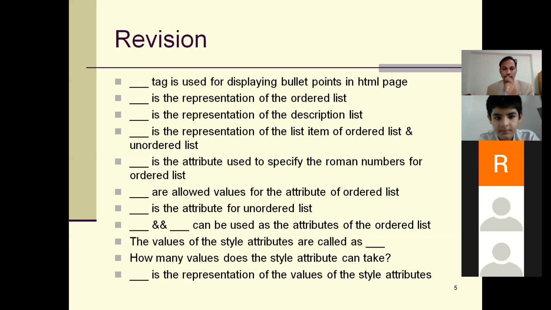So the next one I give to Shuresi. Wait, what is the question asking? You read out the second one and say the answer. Dash is the representation of an ordered list.